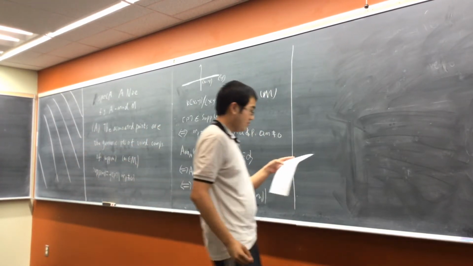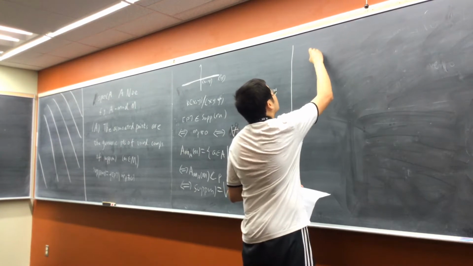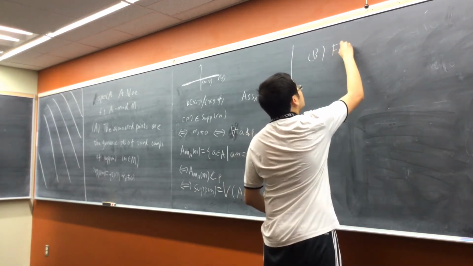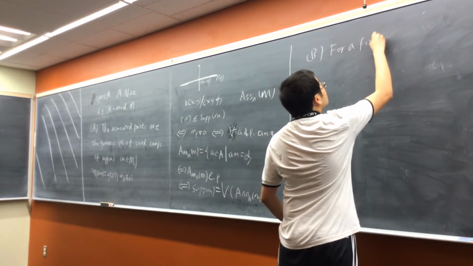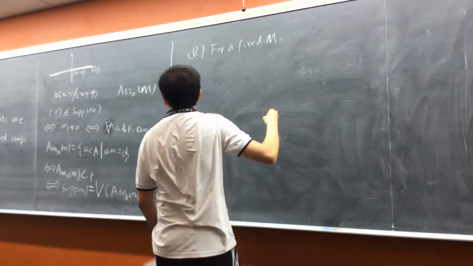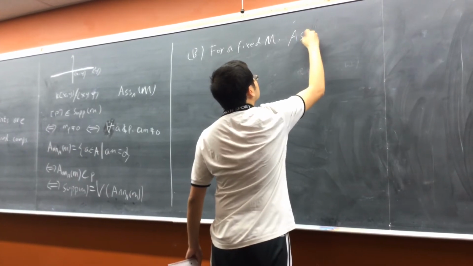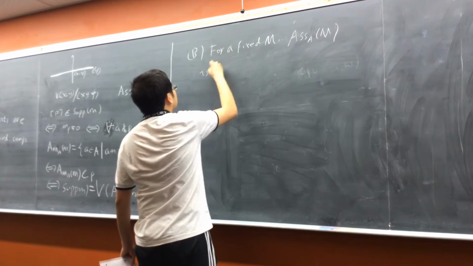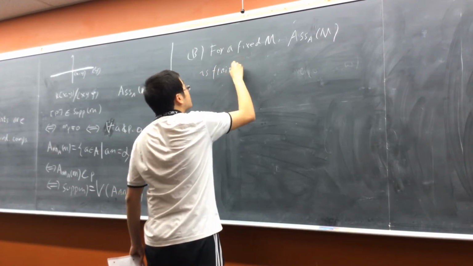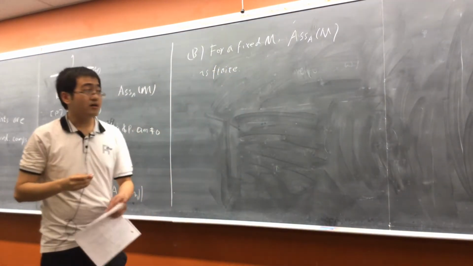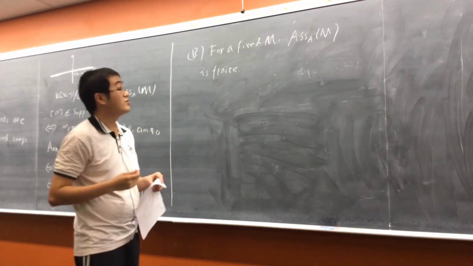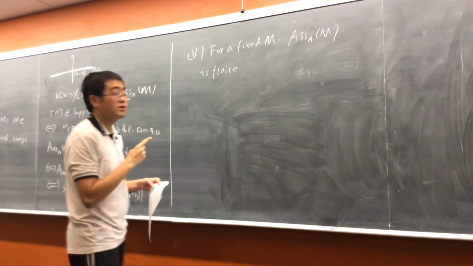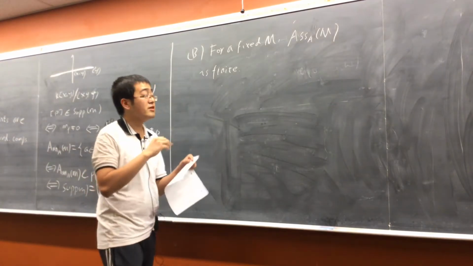Here is property B: for a fixed M, this set is finite. By the structure of the Gibbs node, there are several of these properties, A, B, C, D. We will not prove them now, we'll prove them later.